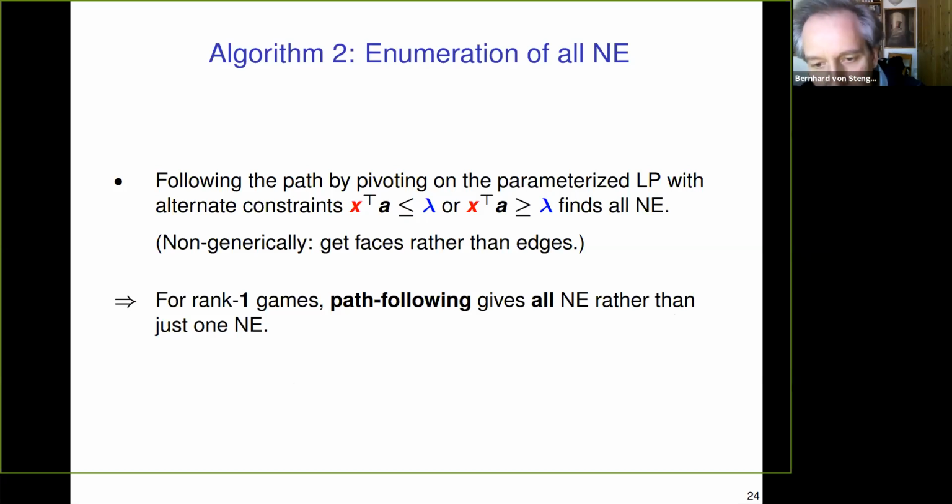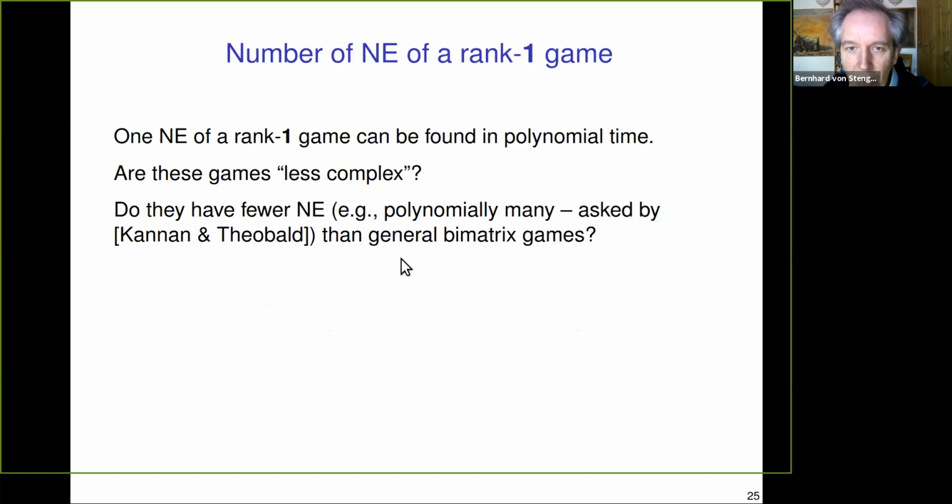And now let me say this, if you have a slightly perturbed game, which is called smooth complexity, this path should actually have only polynomially many segments. So in fact, for a slightly perturbed game, if it's not a very special game, it will normally have only a polynomial number of equilibrium components. Okay, so this raises the next question: how many equilibria could I have in a rank 1 game?